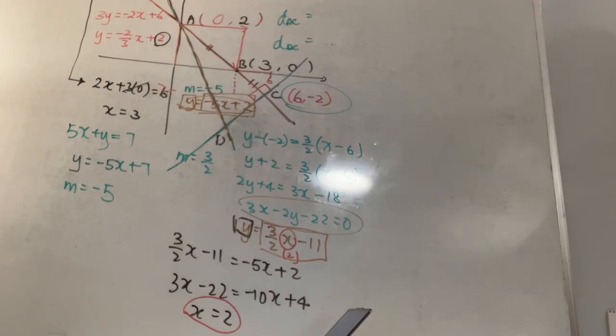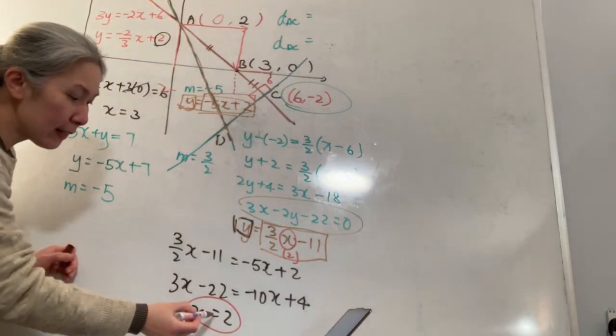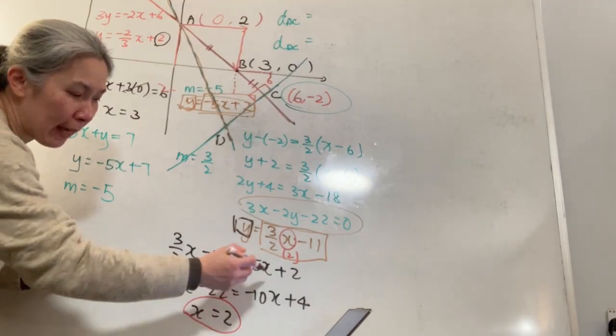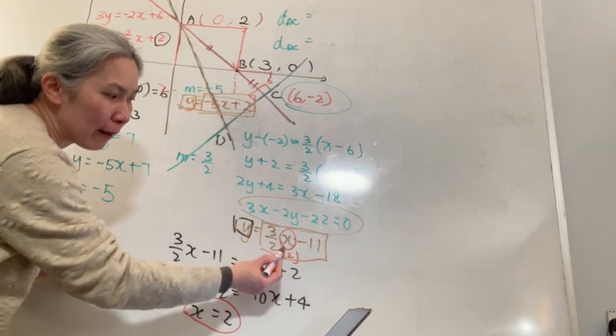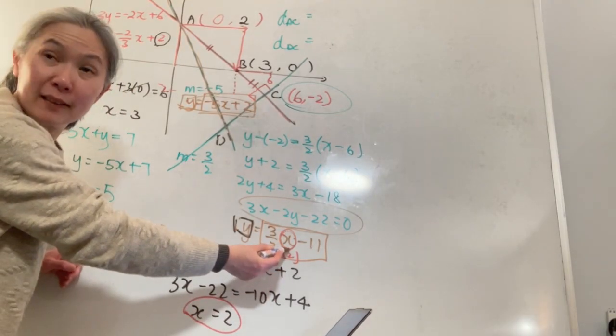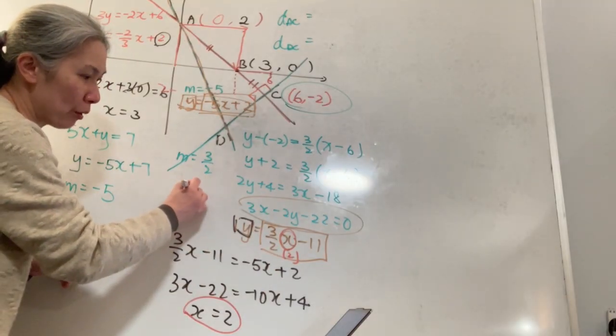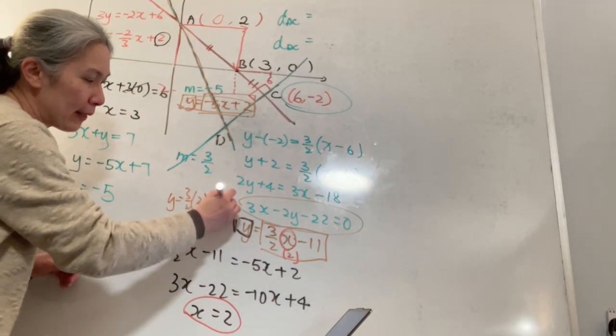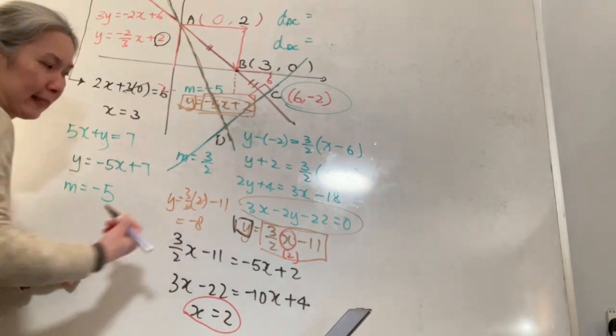Okay, how do you get the coordinates of D? Is it 3 over 2 and then gradient forward? No, this is your x coordinate for D, and then you put the 2 into here. So you are going to get y equal to 3 on 2 times 2 minus 11, which gives you minus 8.